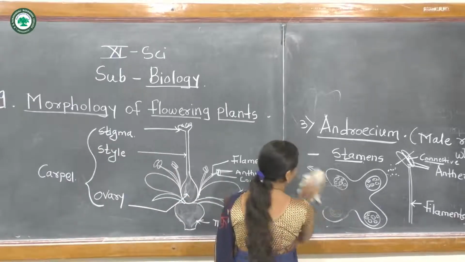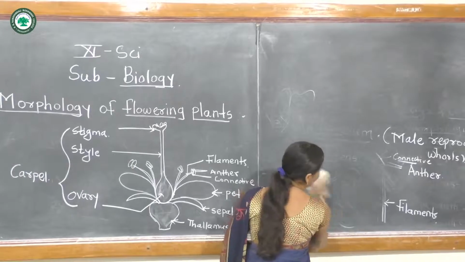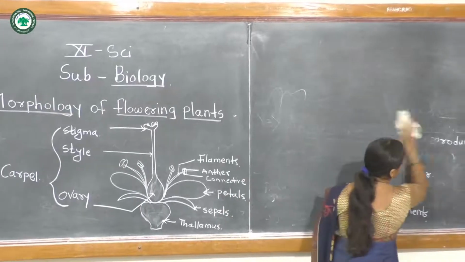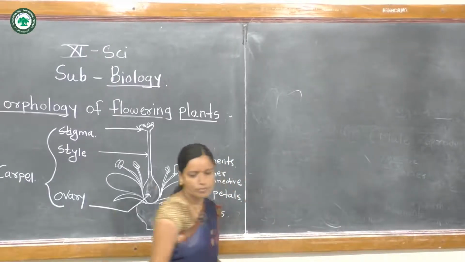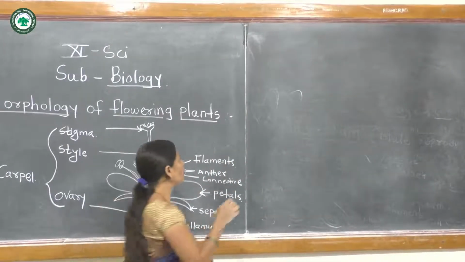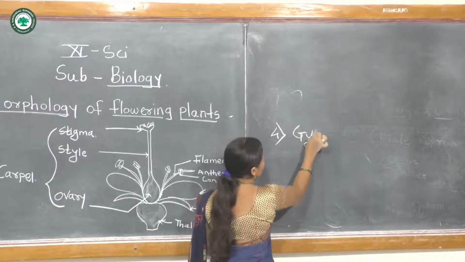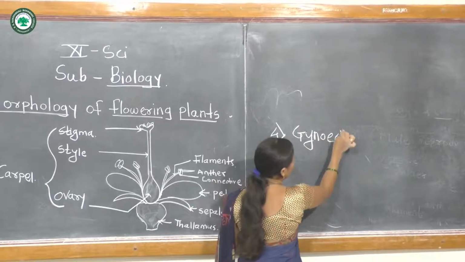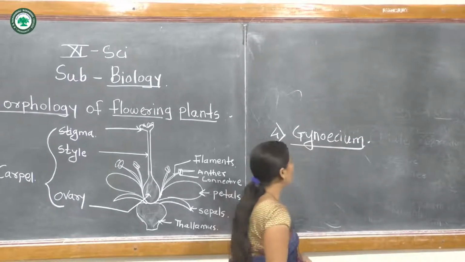Now the next part of the flower, the fourth part, is called the gynoecium, the fourth and innermost whorl of the flower.